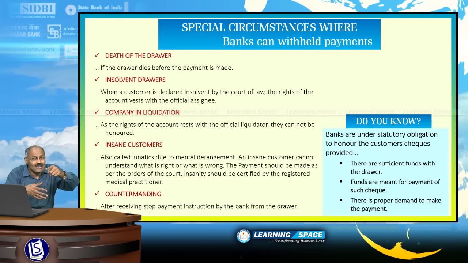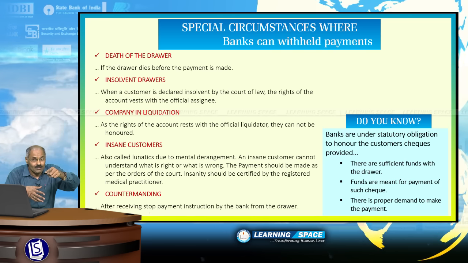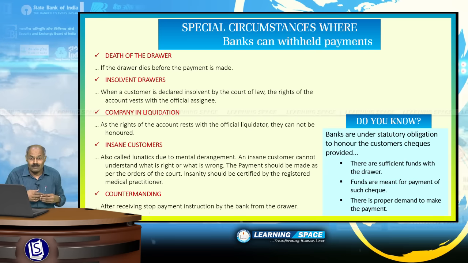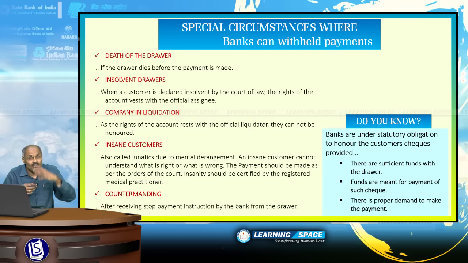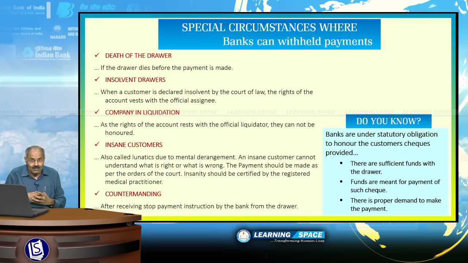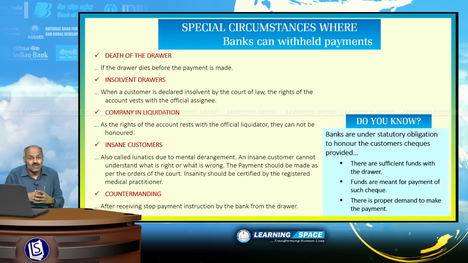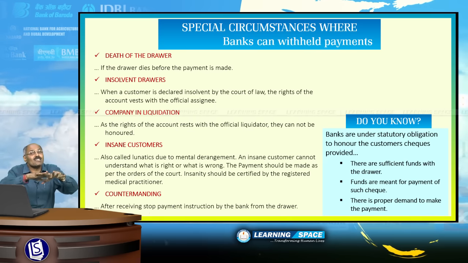Under those circumstances, the check cannot be honored. Fourth is when the customer is insane. Insane means he is mentally not fit. Under those circumstances, if a registered medical practitioner proves that the customer is insane, then that check cannot be honored.